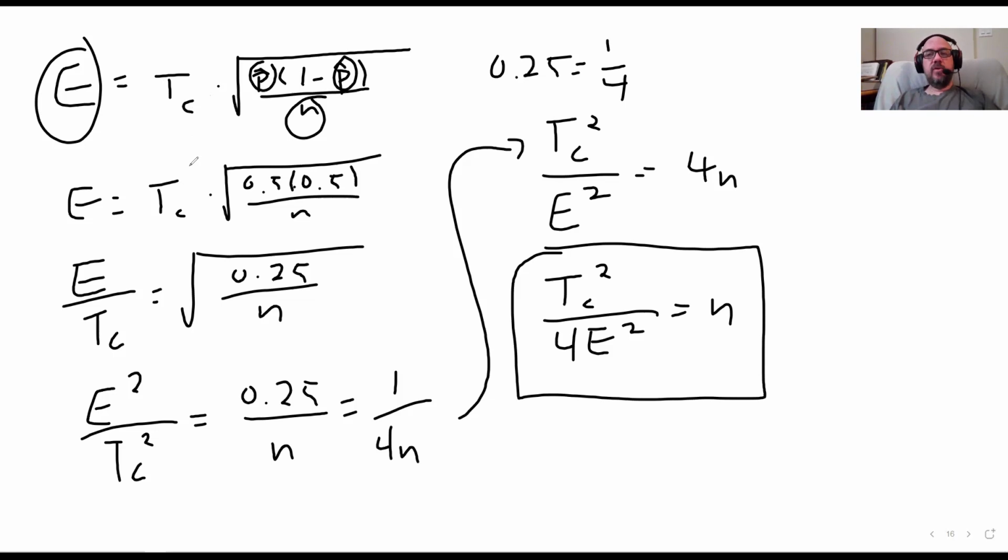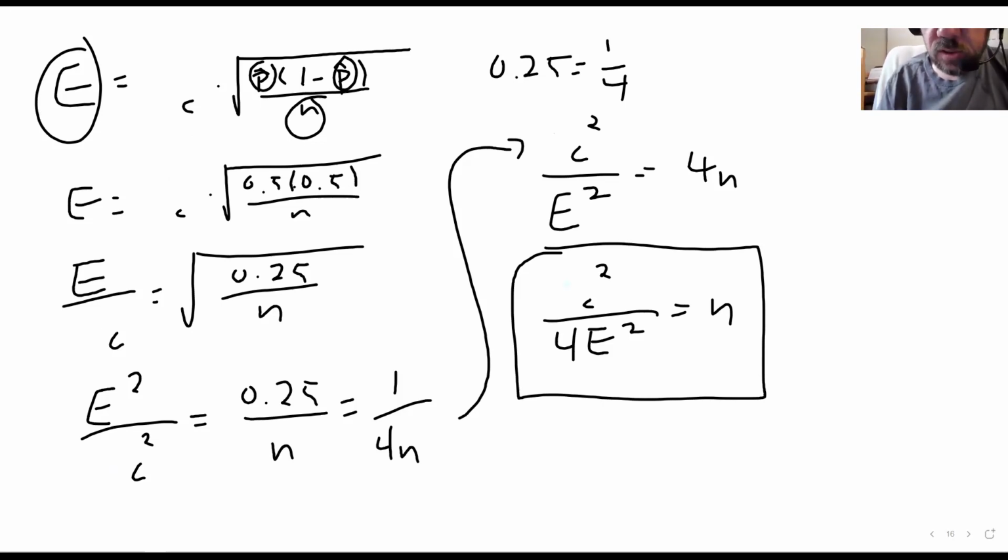With a t critical value, the t critical value changes depending on the degrees of freedom, and the degrees of freedom depends on the sample size. So it's this big circle that you have to work your way through. I apologize. These aren't t's. I'm going to fix these. These are all z's. T critical values are for t distributions.